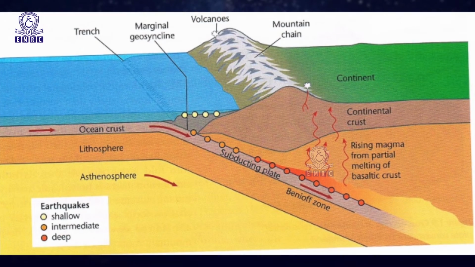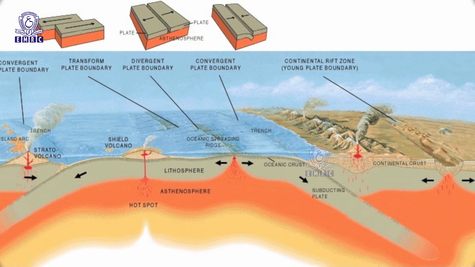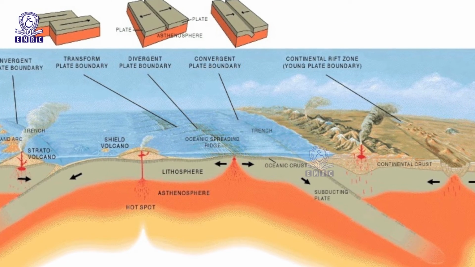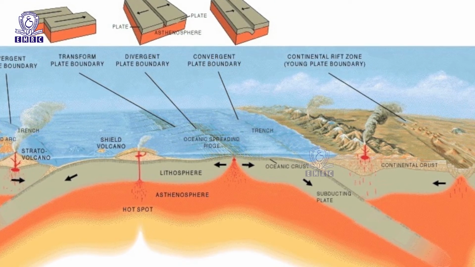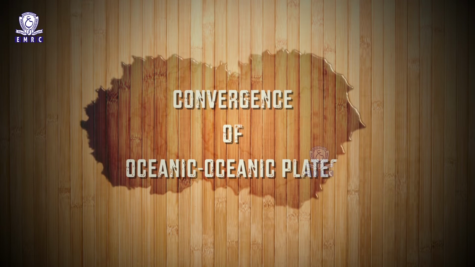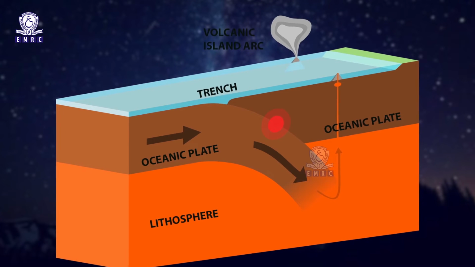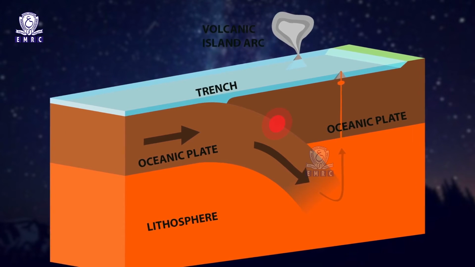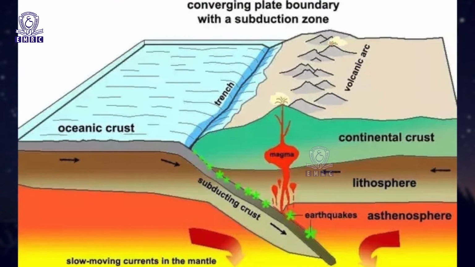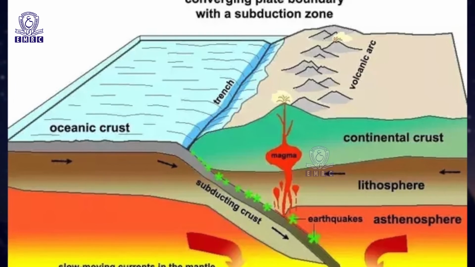Collision of oceanic and continental plate is marked by earthquakes and the formation of trenches in the ocean. When two oceanic plates collide with each other, the relatively denser oceanic plate moves below the lighter oceanic plate.